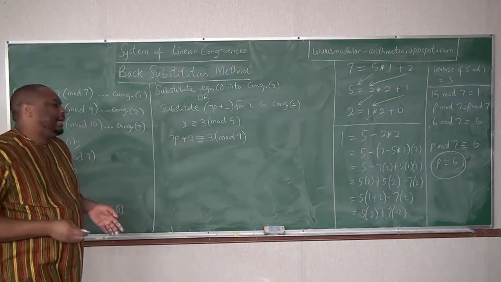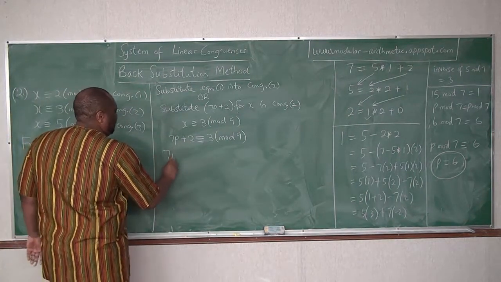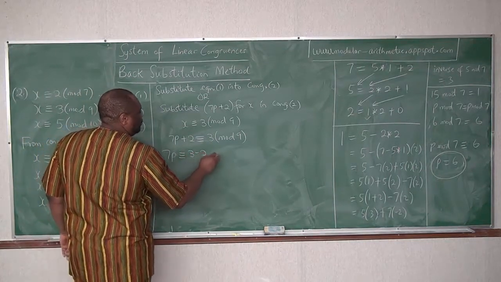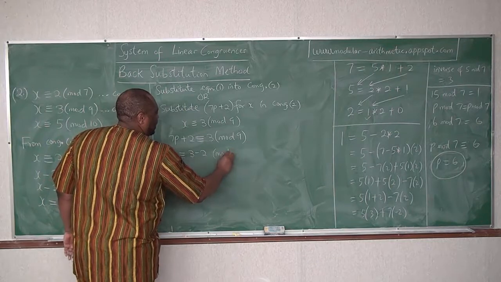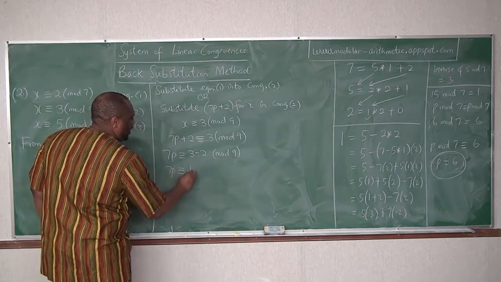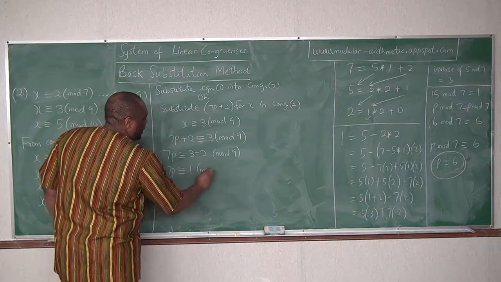Subtract 2 from both sides. So 7p is congruent to 3 minus 2 in mod 9. So 7p is congruent to 1 in mod 9.